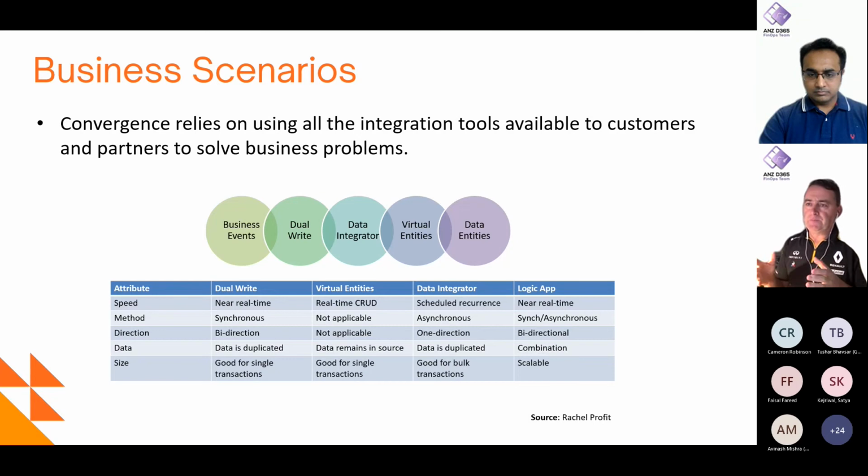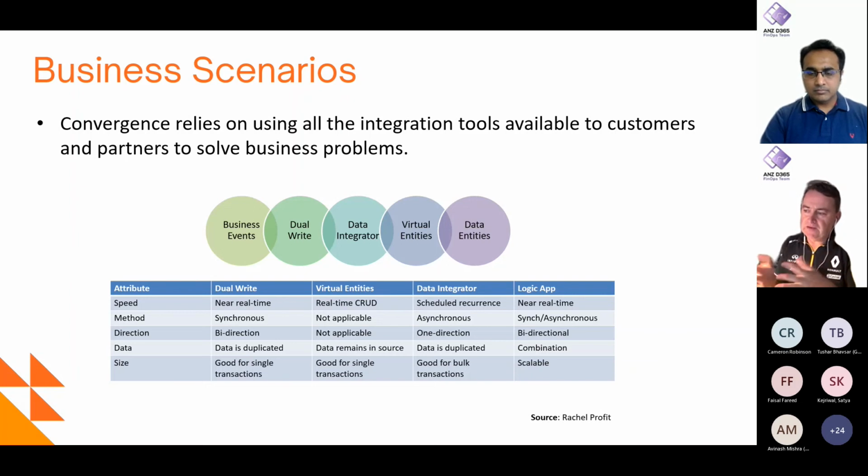So what's important here is we need a combination of business events, dual write, data integrator, virtual entities, data entities. All of this technology doesn't work in isolation on its own.